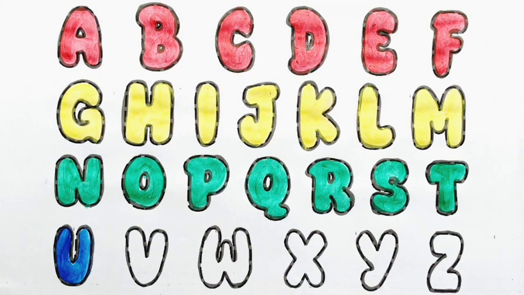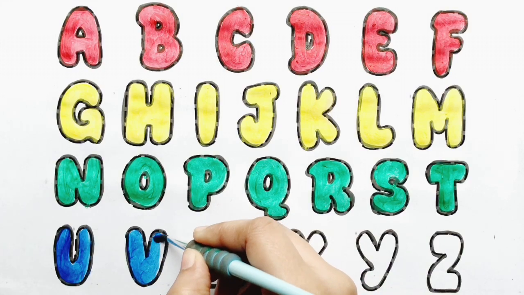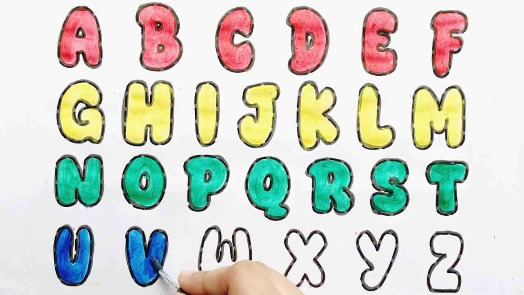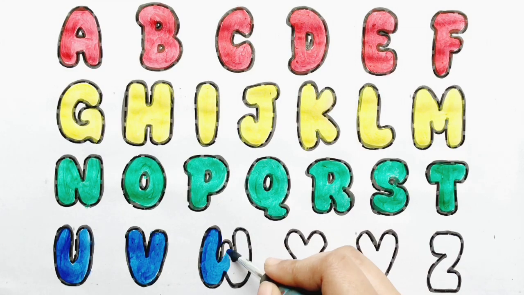Let's see a list of words that start with the letter A. Apple, V for Violin. Angel, address, animal, answer, April, autumn, ambulance, airplane, arrow. W for Watermelon.